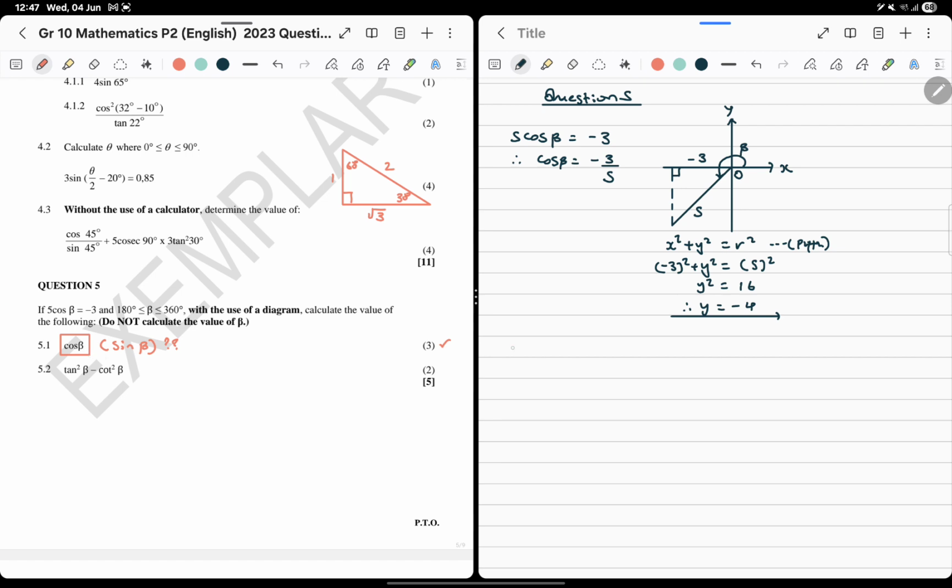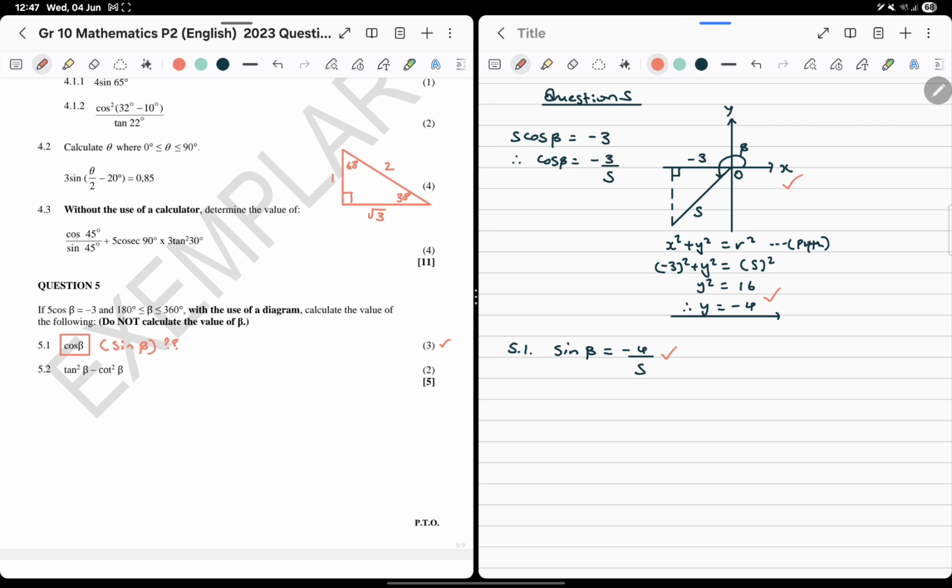So let's just answer it the way we think, for now, because we are practicing. So this is sine beta. I'll demonstrate why I think this is the one. So this is going to be minus 4 over 5. See, we get a mark for this. We will get a mark for that determination of y because it wasn't there, and of course for the diagram.